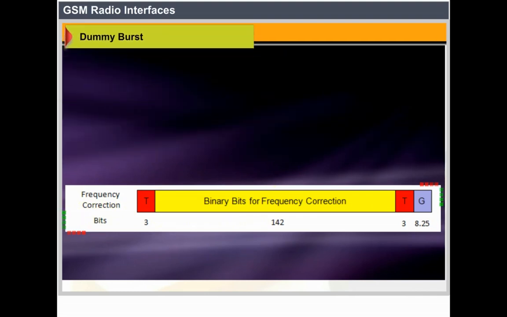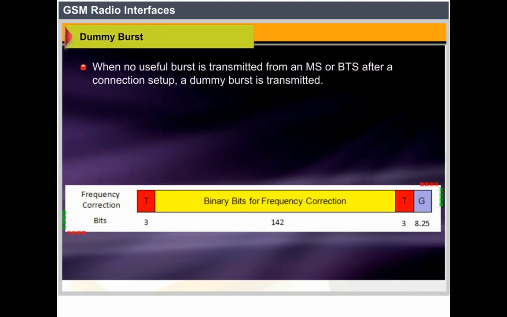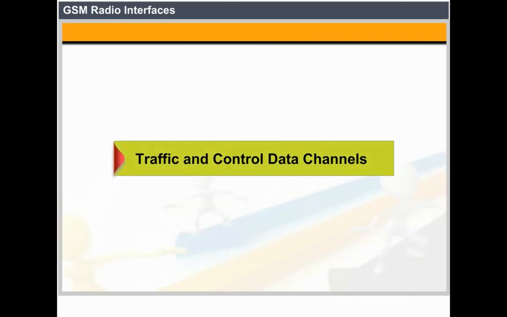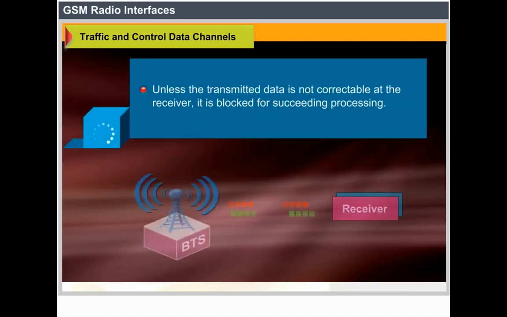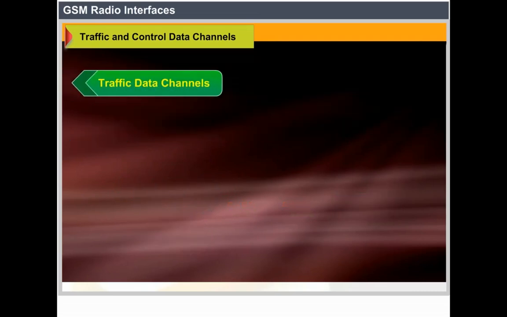Dummy burst. When no useful burst is being transmitted from an MS or BTS after the connection setup, then a dummy burst is transmitted. Traffic and control data channels. If the transmitted data is not correctable at the receiver, it is blocked for further processing. Traffic data channels.